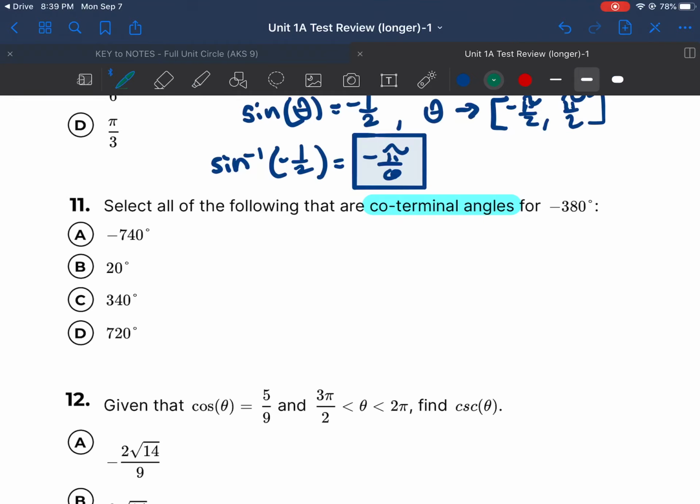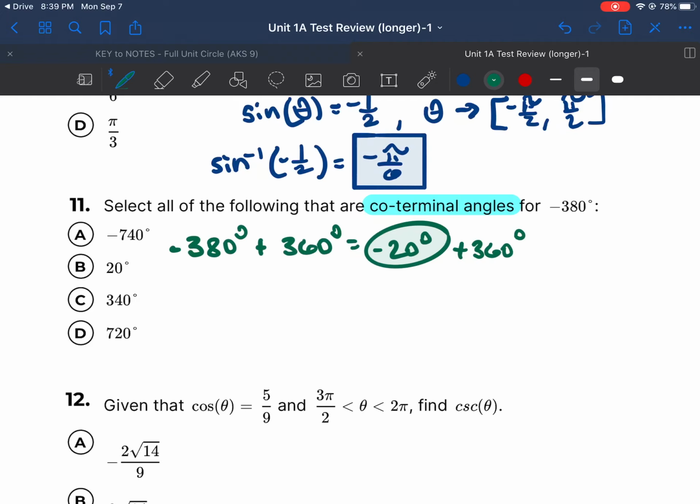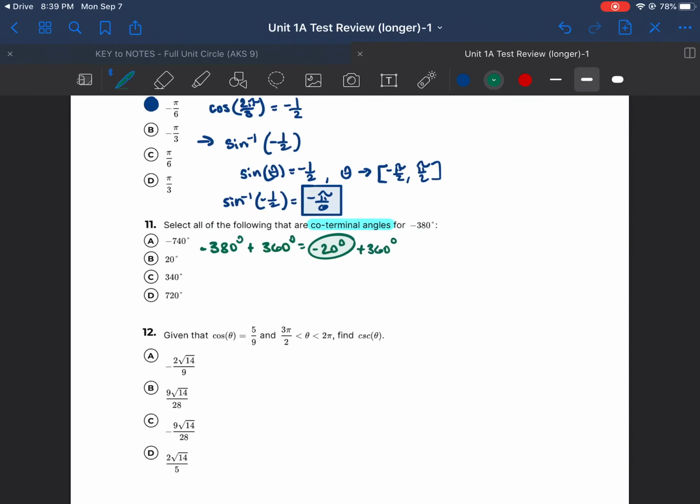First, let's start by adding 360 degrees. So we'll start with negative 380, because that's what we've been given. Let's add 360 degrees, and that's going to give us negative 20. I'm going to circle that, because that's one of our coterminal angles. Then I'm going to add 360 degrees again, because remember, we can do this multiple times.